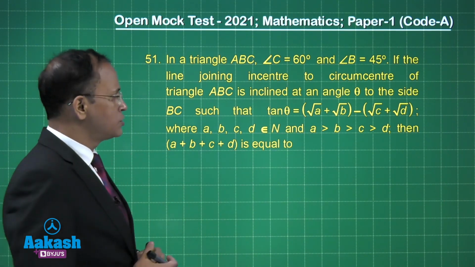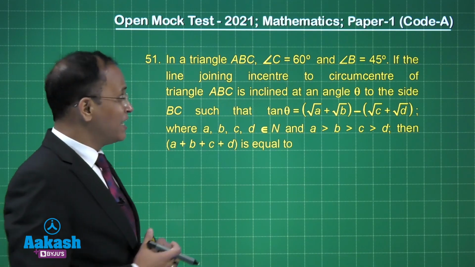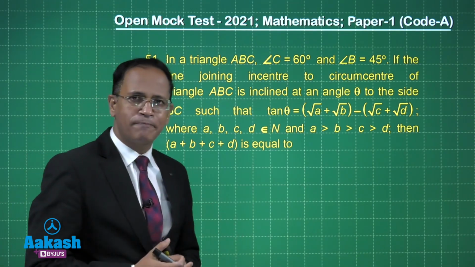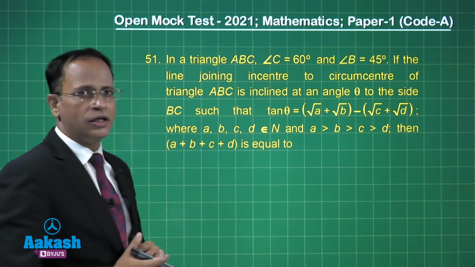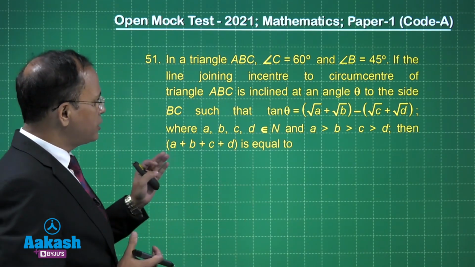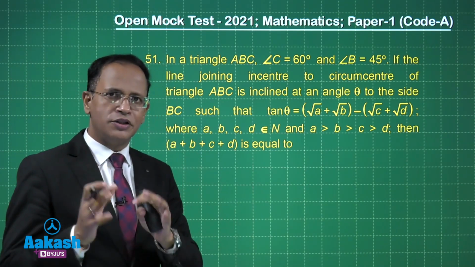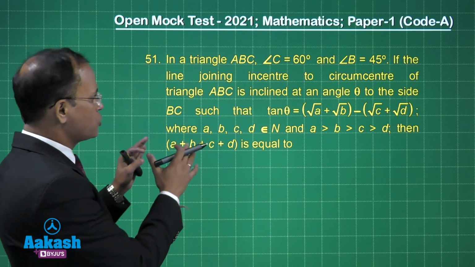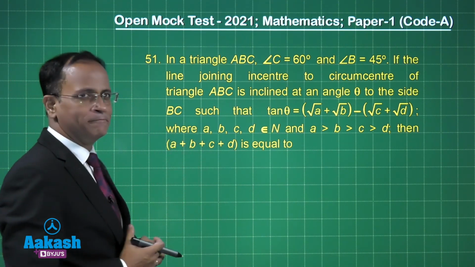There is some relation between incenter, circumcenter, inradius and circumradius. We need to understand and use those relations in such problems. Because no coordinates are given, obviously this is a problem based on properties of triangle. The coordinate system is not working here.